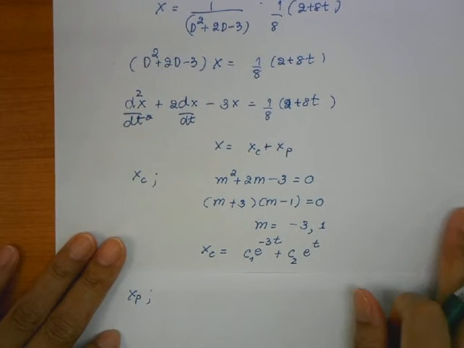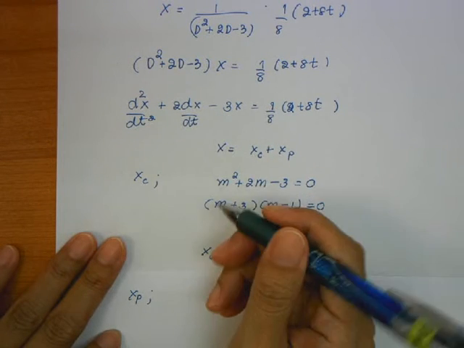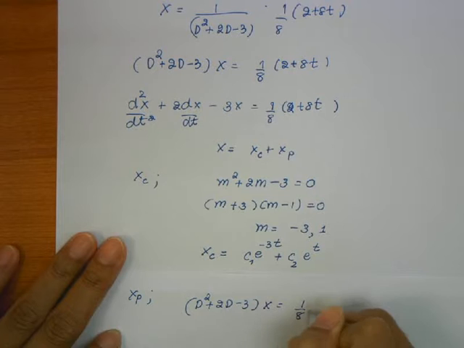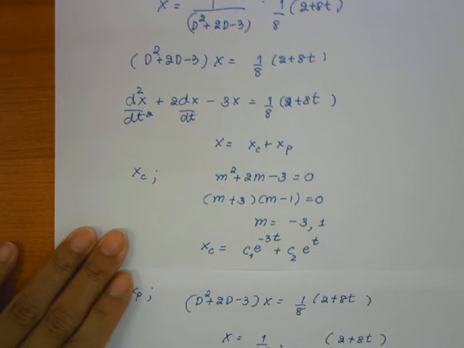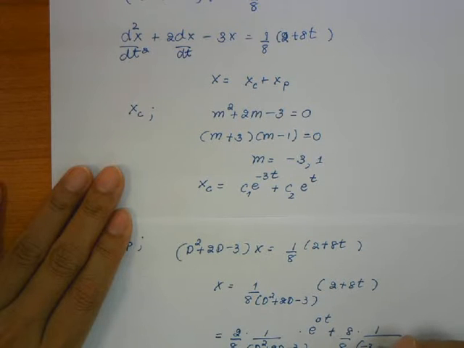To find xp, you are going to write down your differential equation in terms of the operator D. So we get D squared plus 2D minus 3 which is equal to, this is case 1, and you can use only case 1, or you can use case 1 and case 2.